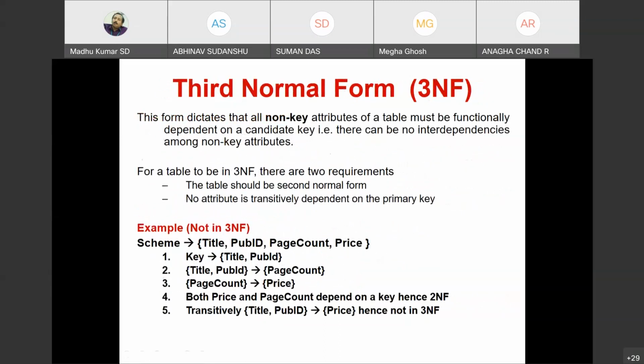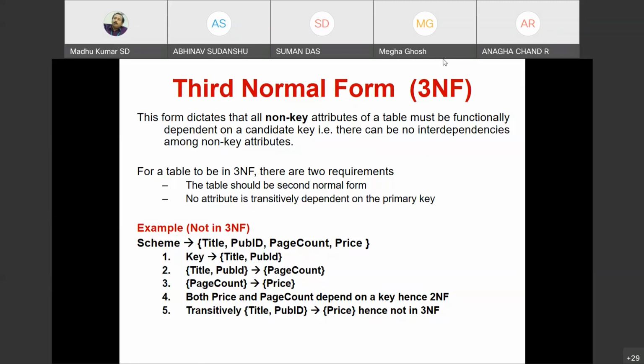Then we have seen third normal form. So in third normal form, what is actually the condition? Abhijit? Abhijit? What is the condition for being in third normal form? Abhijit, you can type the answer in the chat box.